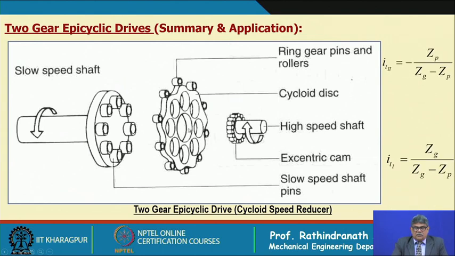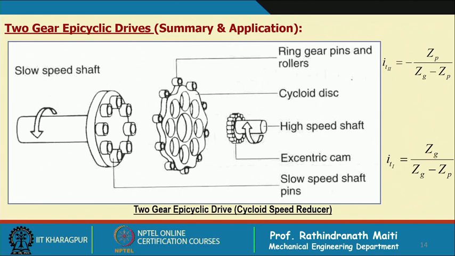So, in this case it is possible to make the transmission ratio simply the teeth number by one: either this circular one, the teeth of the outer one, and these lobes are the teeth of the inner one, the difference is 1. So, we can have the transmission ratio either the number of lobes on the inner one divided by the difference 1, or the number of lobes on the outer one divided by the difference 1.